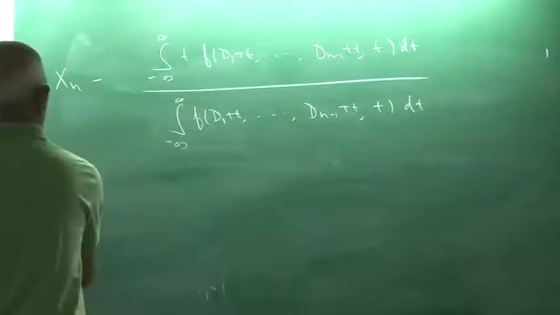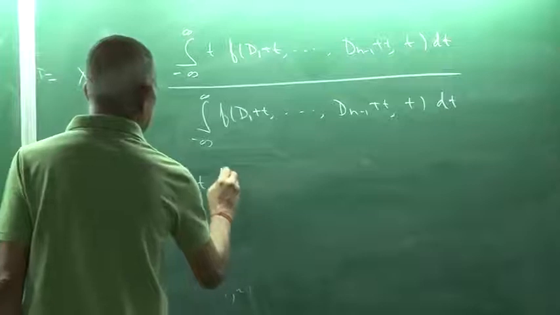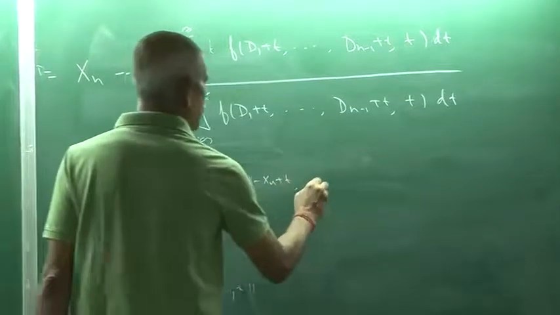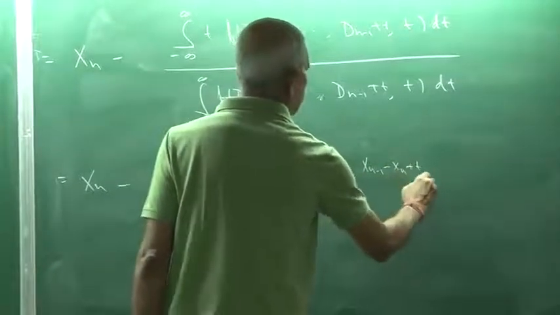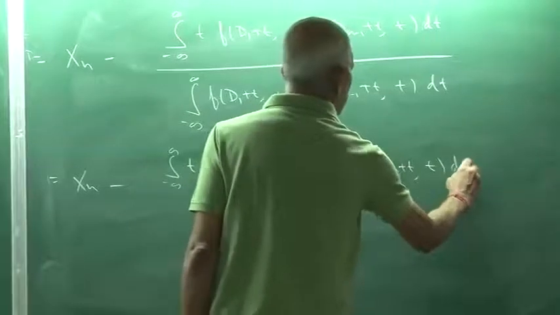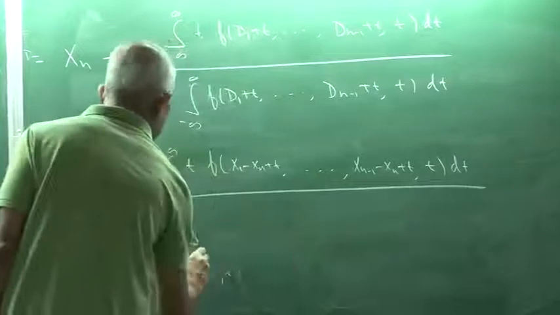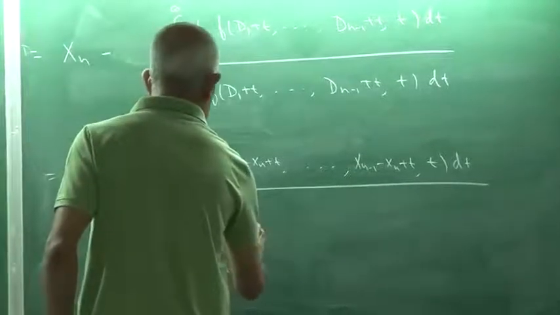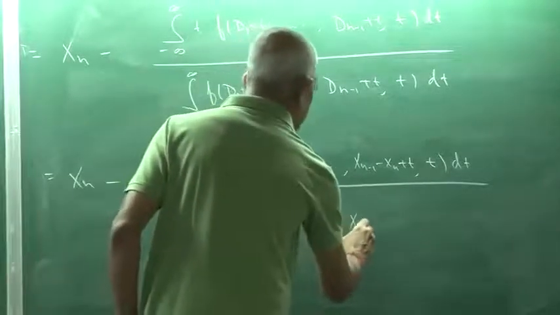Now the di's I know are nothing but minus infinity to infinity t f of x1 minus xn plus t, xn minus 1 minus xn plus t, t, dt divided by minus infinity to infinity f of x1 minus xn. I'm just doing simple algebra, trying to simplify this integral.